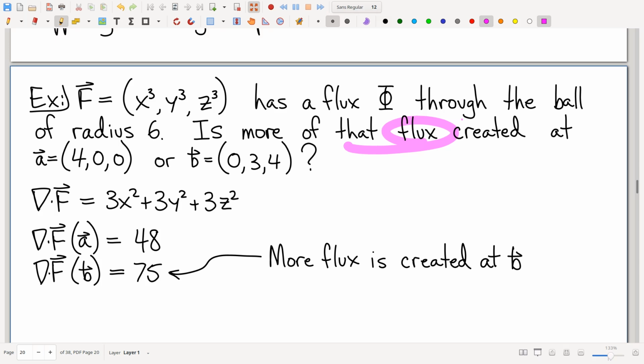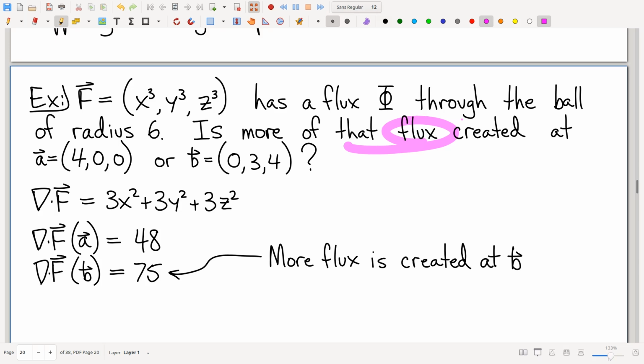We have a ball of radius 6. Boundary flux, I should say. So that vector field creates a certain amount of flux. Doesn't even matter how much flux that is, it does create a certain amount. Of that flux, does more of it come from here, or does more of it come from here?